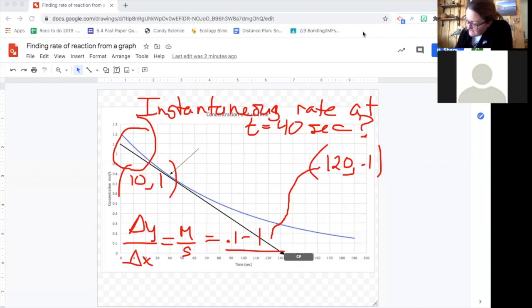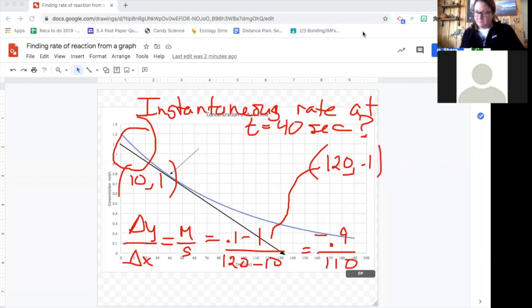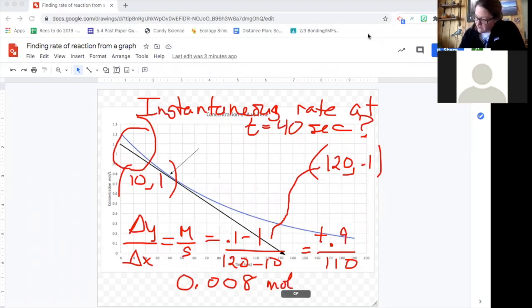My change in x is going to be 120 minus 10, or negative 0.9 over 110. Again, we can ignore the negative sign, so it'll be 0.9 divided by 110, which gives me 0.008 moles per liter per second.